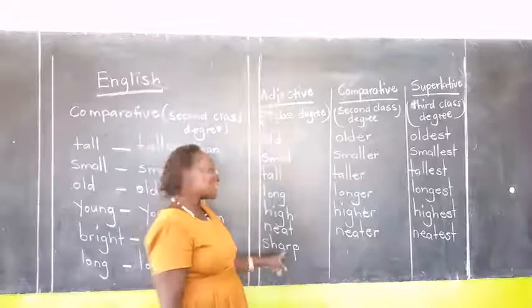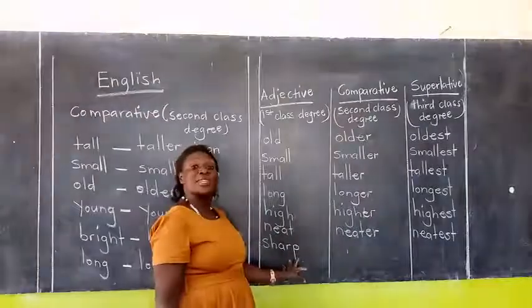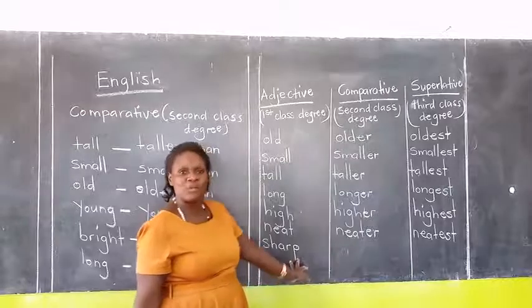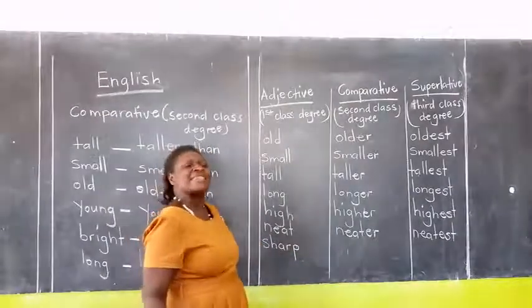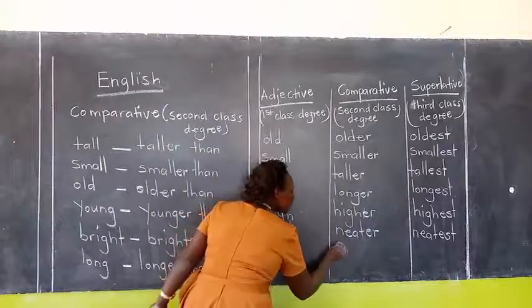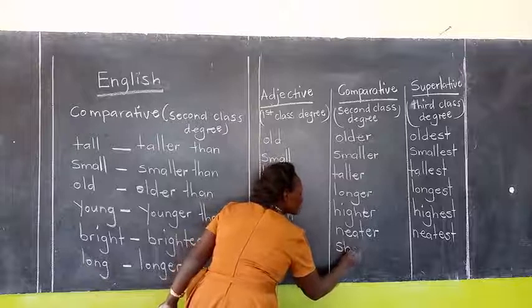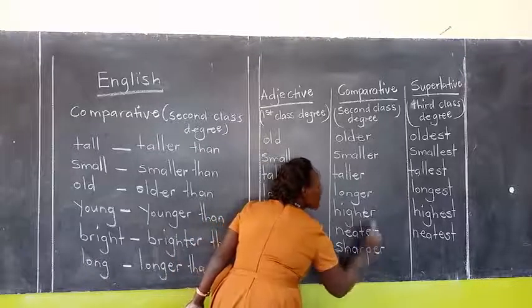There are those ones that will cut worse, and if you are not careful with it, it can even cut you, the one who is using it. Then we have sharp. And there is the other one which is a little bit extreme, and that one can be regarded as sharper. You are comparing the two. That knife is sharper than.